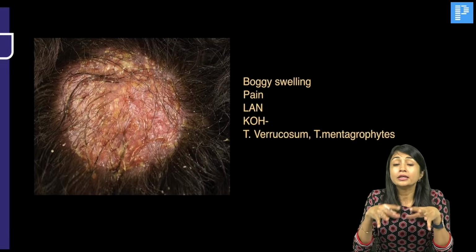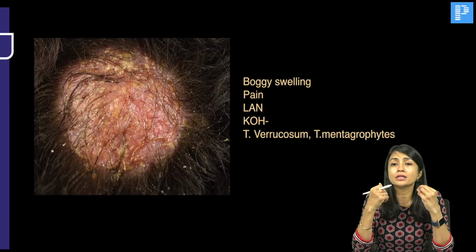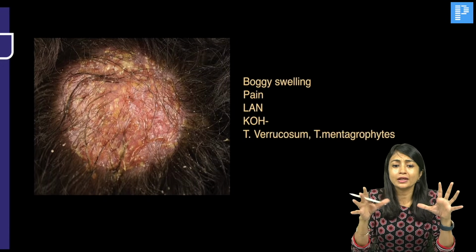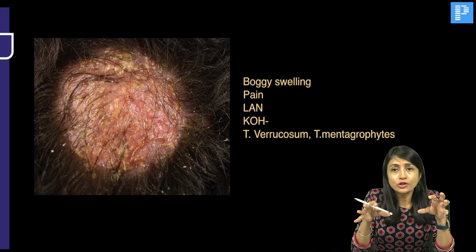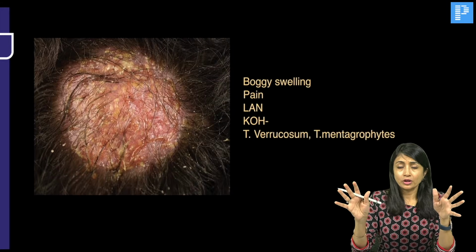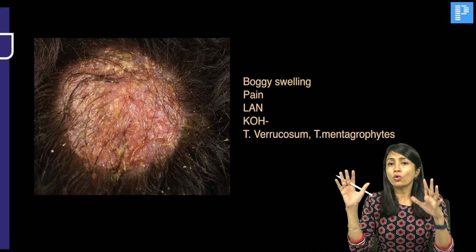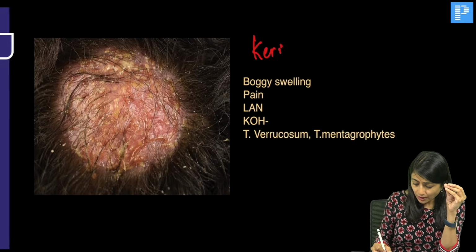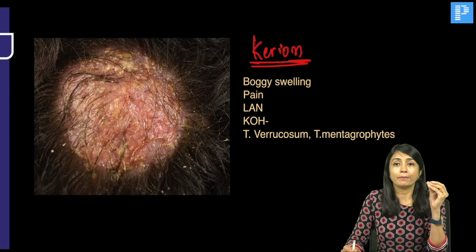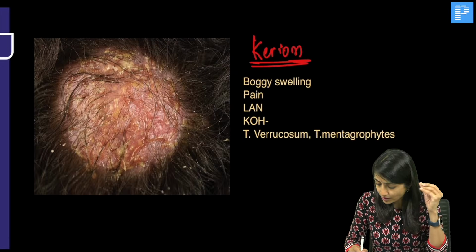Then this is the inflammatory type of Tinea capitis. Whenever in the question they give you anything like a boggy swelling, painful swelling on the scalp of a child, only think of kerion. So, boggy, painful swelling on the scalp in a child is nothing but kerion, which is the inflammatory type of Tinea capitis, right? What is the organism?